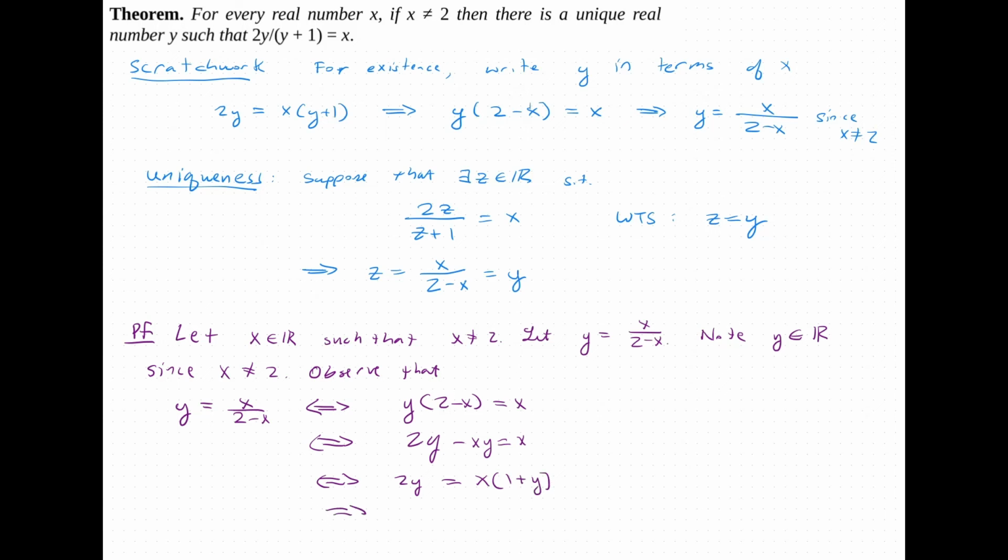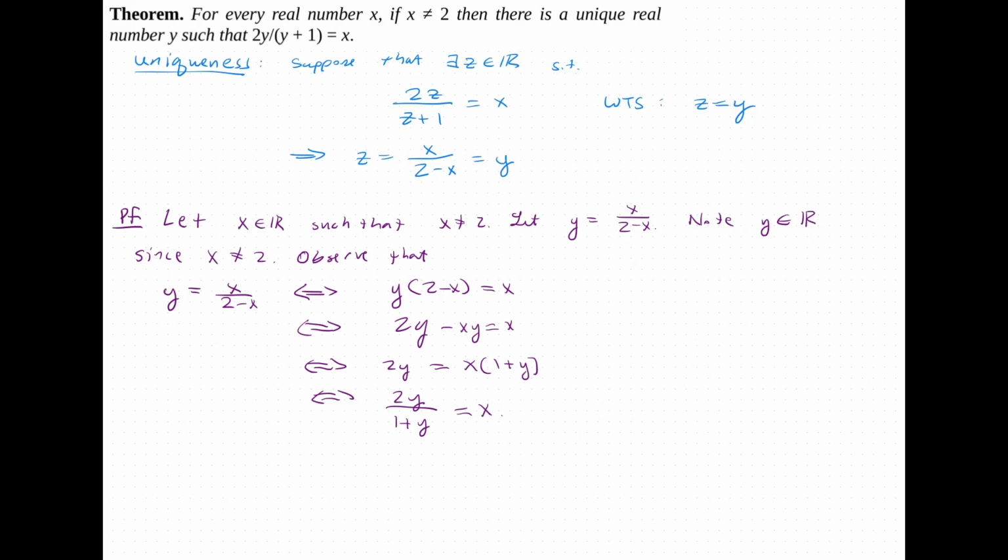And finally, we get back that we have 2y over 1 plus y is equal to x. Now, over here I wrote if and only ifs along the way, since each of these procedures are reversible. We can go from here to here, and then similarly for this. So all these expressions are essentially the same in that we can use the methods in algebra to go back and forth between them. And so we have our x. And so now we have established the existence portion.